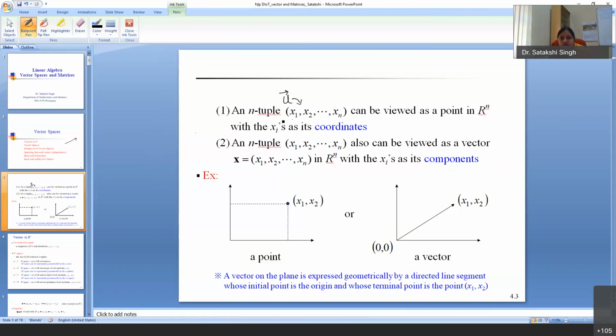And so this n-tuple can be viewed as a point in n-dimensional space. This n represents its dimension, and this R says that we are in the real numbers with the xi's as its coordinates. So this n-tuple can also be viewed as a vector x, written in bold. This vector x has the components or coordinates x1, x2, and so on up to xn because it is in the Rn space.